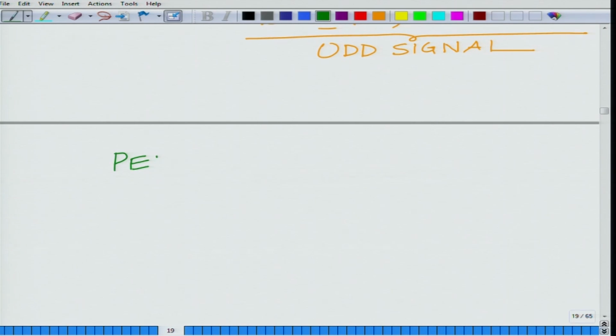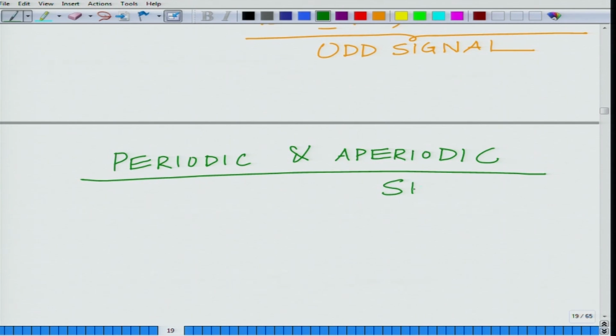So, we have periodic versus aperiodic signals. Periodic and aperiodic signal, if T is the period.